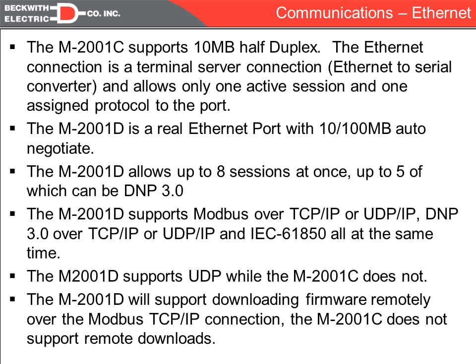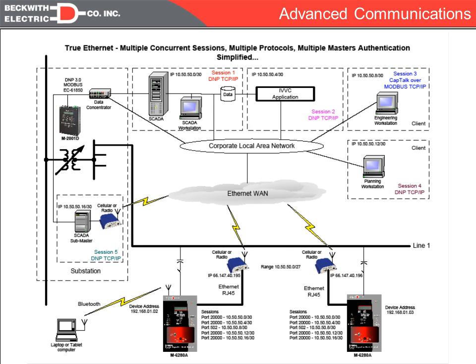For DNP, we support both UDP and TCP. The 2001C did not support UDP at all. And we can remotely download firmware over the D, as we described earlier, if you have the Ethernet. That feature is not available on the C.